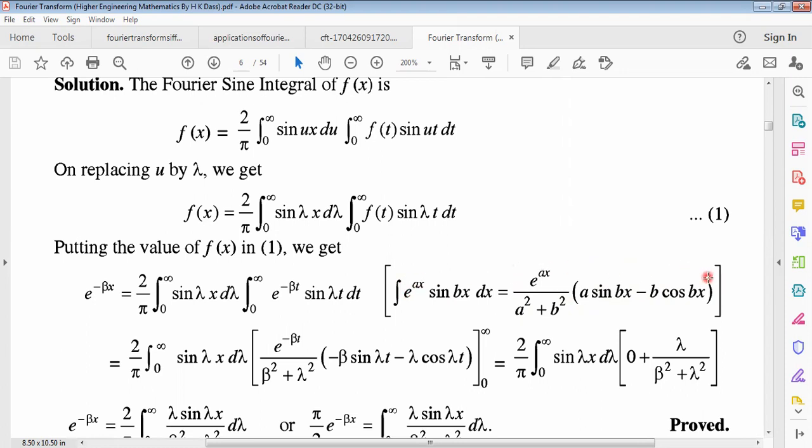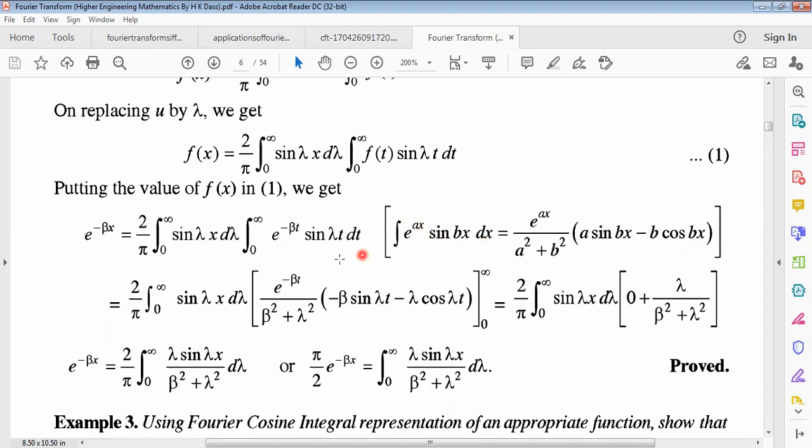We have to remember this integration. Now using this integration formula here, we have 2 by pi, integral from 0 to infinity of sine lambda x, d lambda.